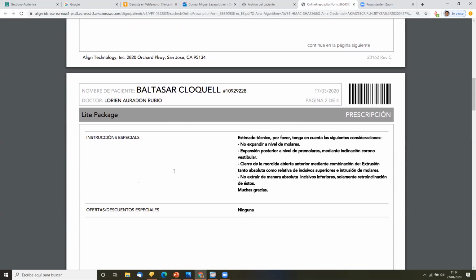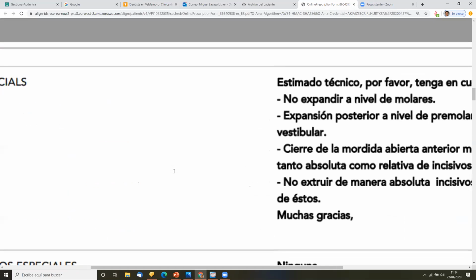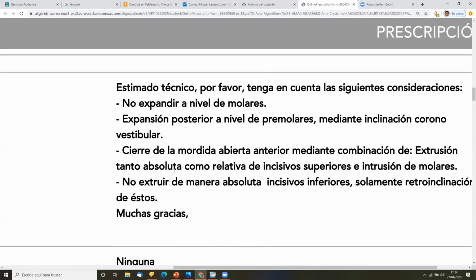For those of you who cannot read Spanish, I will translate. Dear technician, please don't expand on molars. Expand premolars, moving crowns to the buccal. Close the anterior open bite, combining absolute extrusion and relative extrusion of upper incisors and intruding molars.